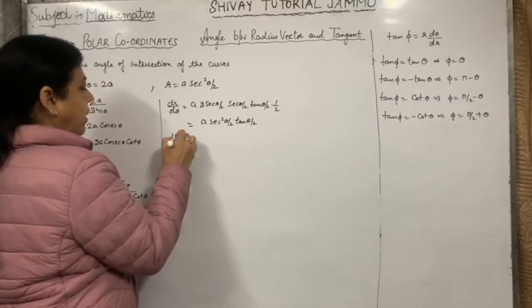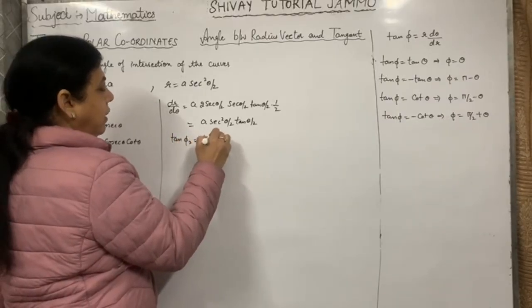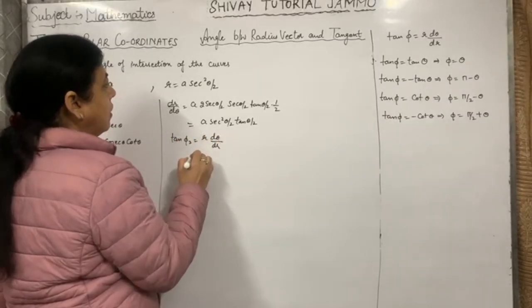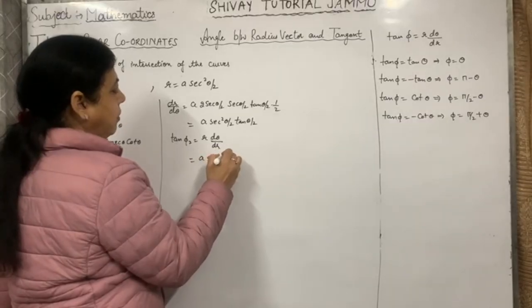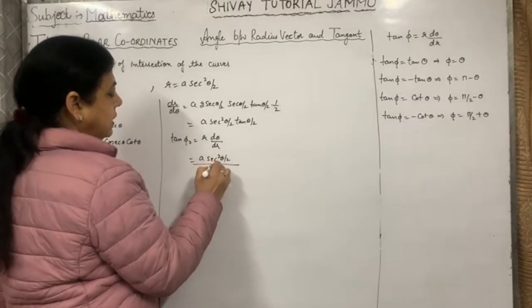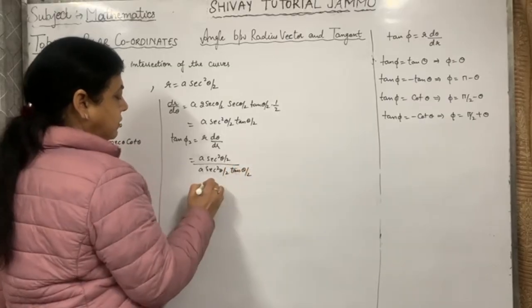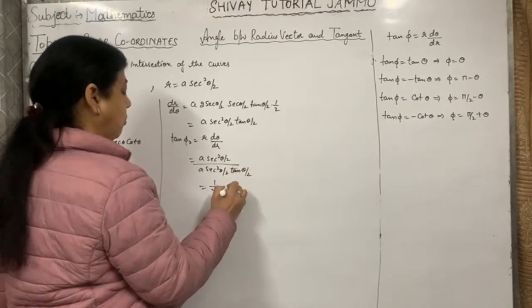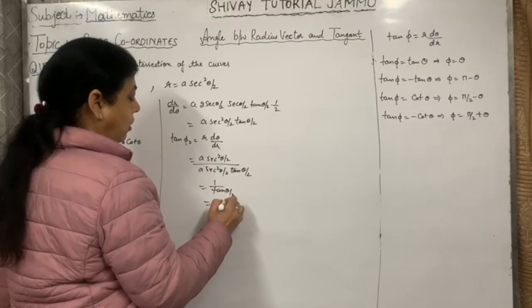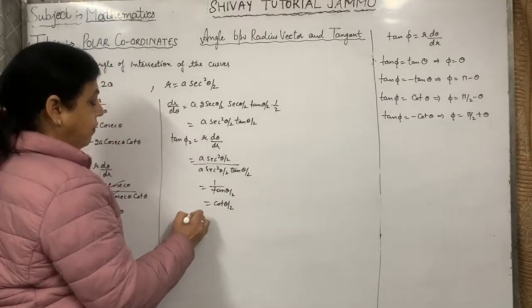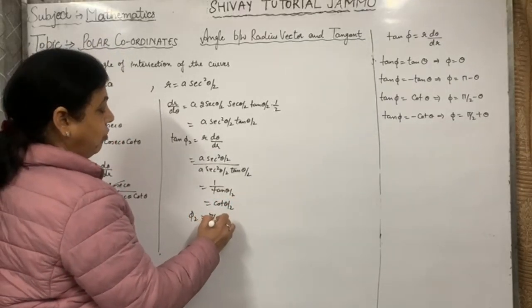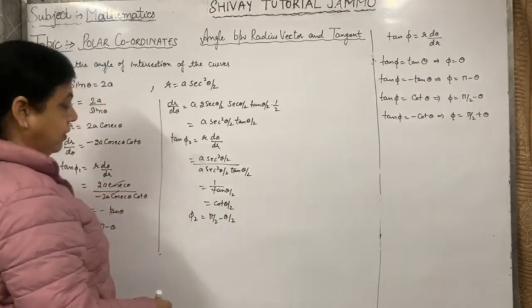What is tan φ2? r dθ/dr, a sec² θ/2 over a sec² θ/2 tan θ/2. This will be 1 by tan θ/2. We can write it as cot θ/2, and φ2 will be π/2 minus θ/2. Clear?